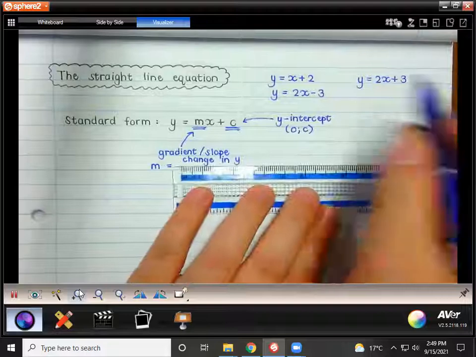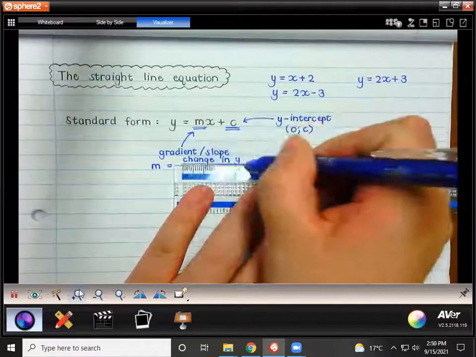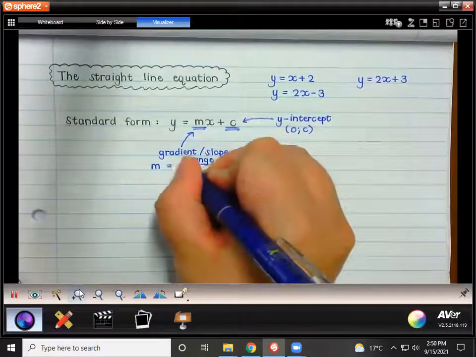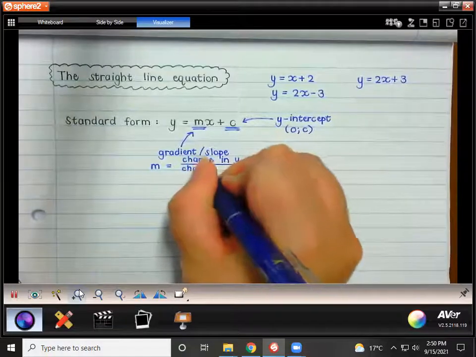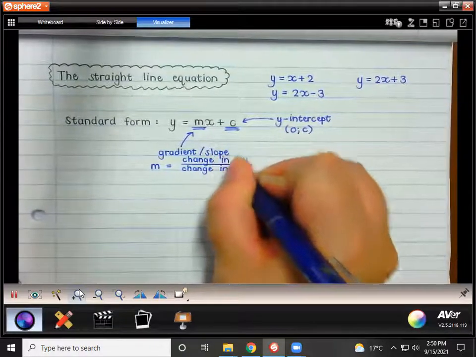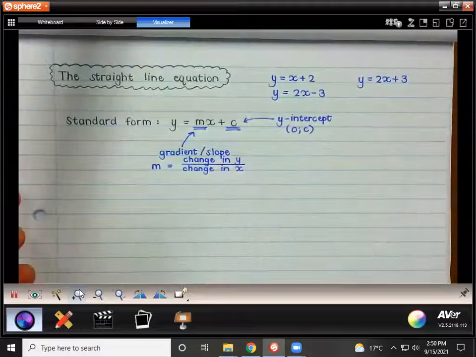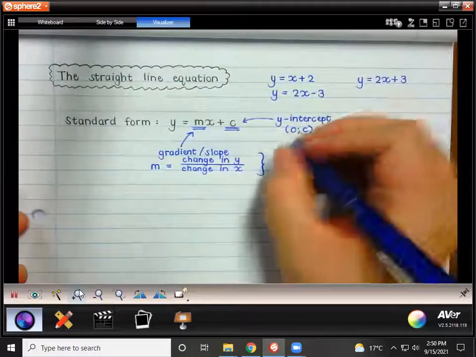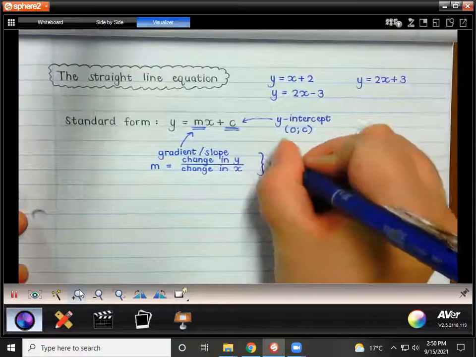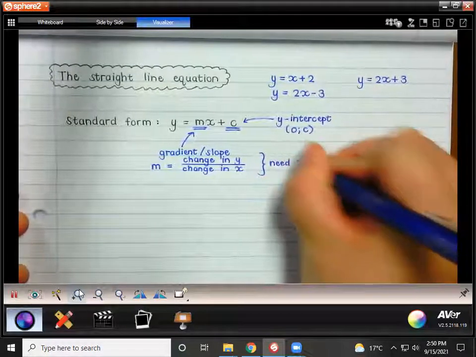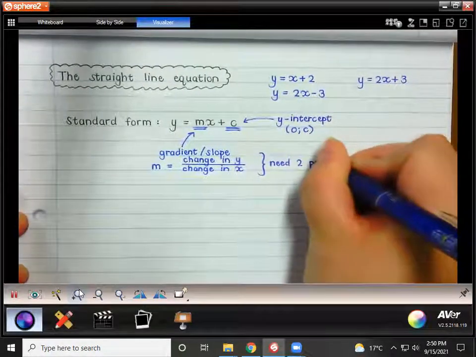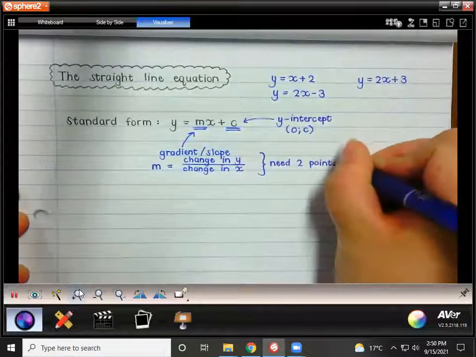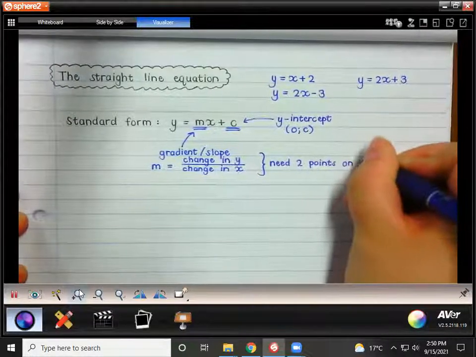Like I said, I will explain all of this in detail. I'm just writing on the side here. In order to use this formula, we need 2 points on the line.